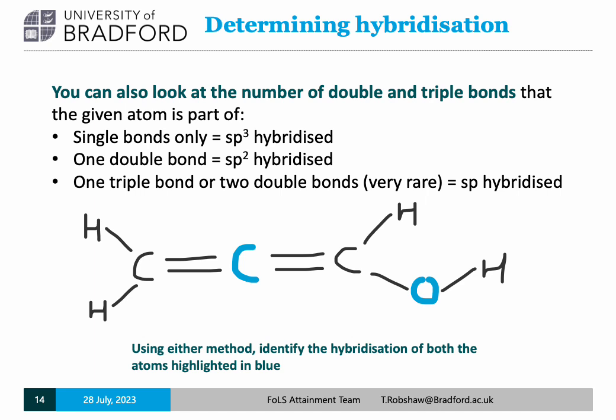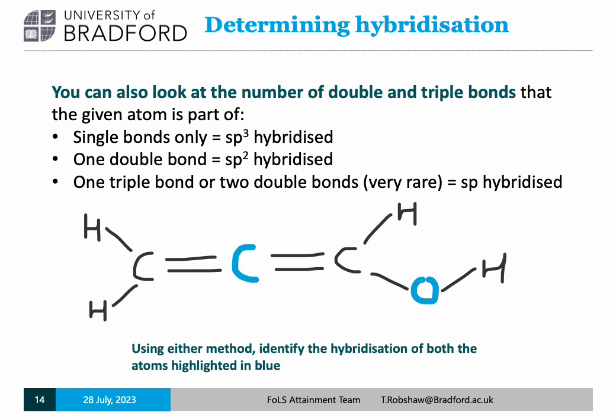In some organic reactions, for example, carbons can become positively charged temporarily. And these carbocations, as they are called, so cation meaning a positively charged ion, these carbocations can form 3 single bonds to other atoms, and they are sp2 hybridized because of their charge.